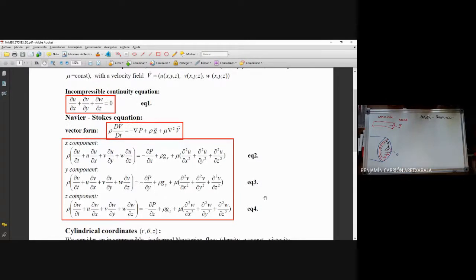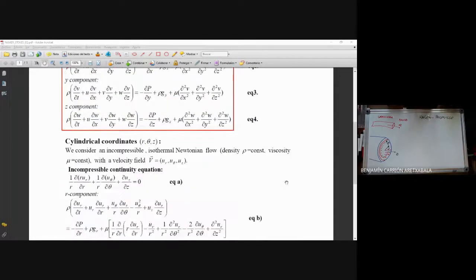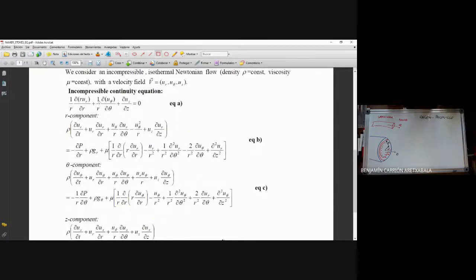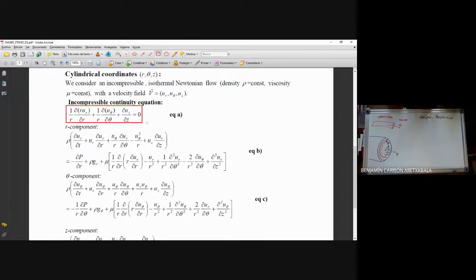Because what we're going to do now is try to see how this set of equations looks in cylindrical coordinates. So I'm going to assume this is clear for everyone. The first equation is the continuity equation. In the previous case for Cartesian, we only had the derivatives of each velocity against its own component, right?